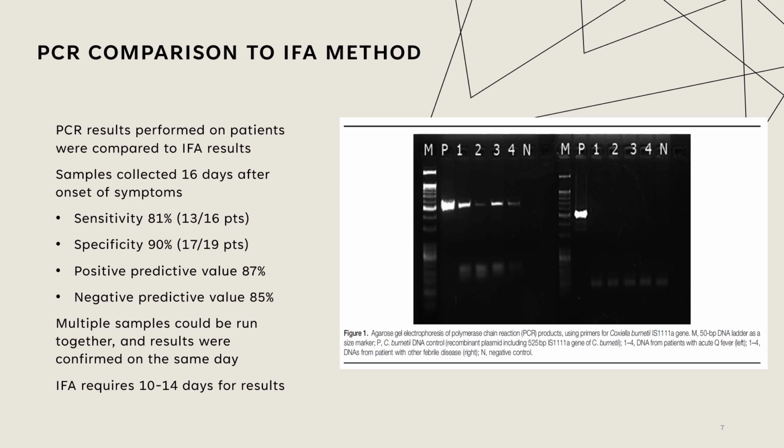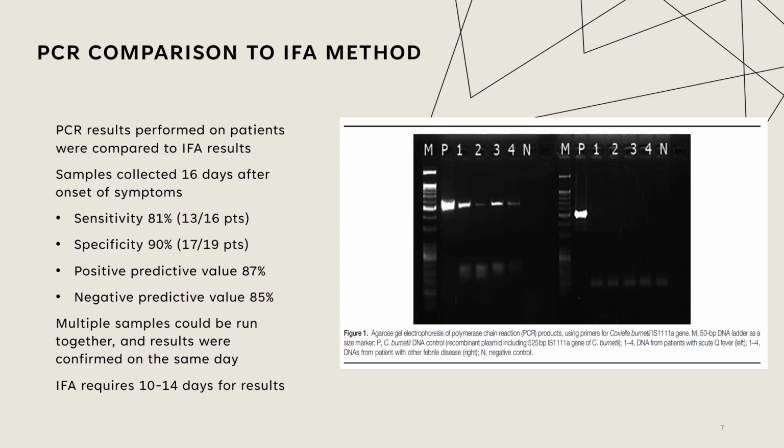The authors of the study compared their PCR results to the immunofluorescence assay performed on the same patients. Samples for PCR were collected on average at 16 days after the onset of symptoms. PCR showed a sensitivity of 81% and a specificity of 90% for Q fever.